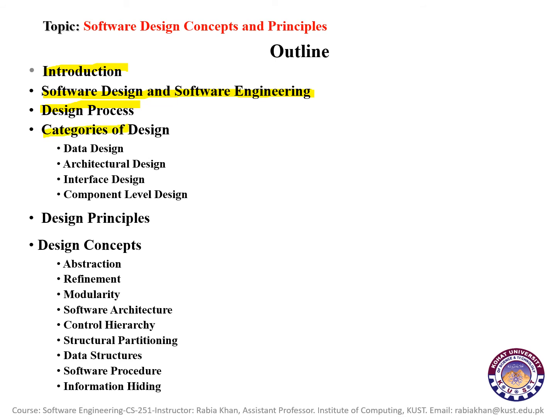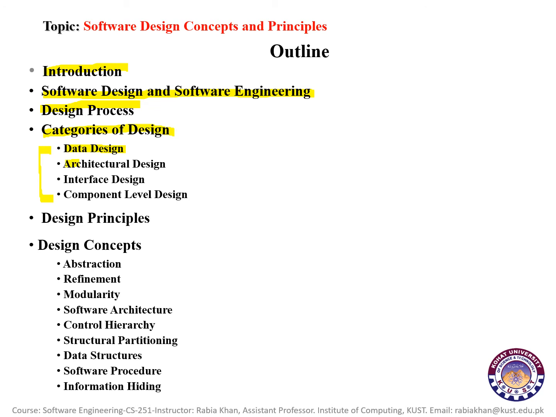Then we had a detailed discussion on these 4 sub-phases of software design, in which we studied first the data design, how data is given a shape and structure in order to be incorporated in the code. So for this, we generally used data structures and different diagrams such as entity relationship diagrams to represent data.